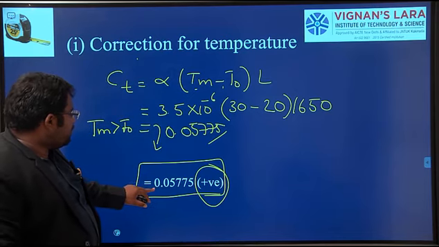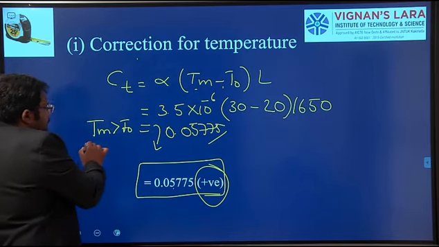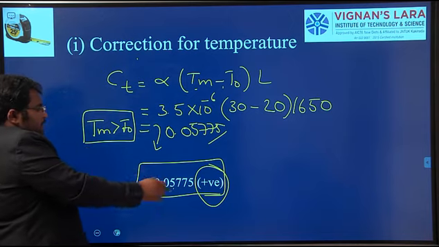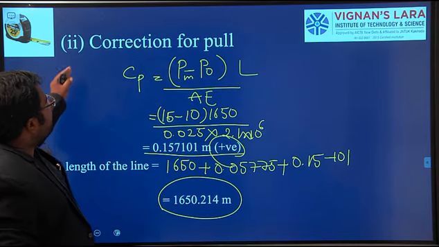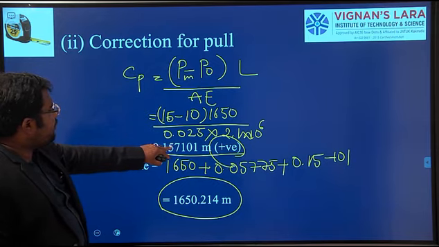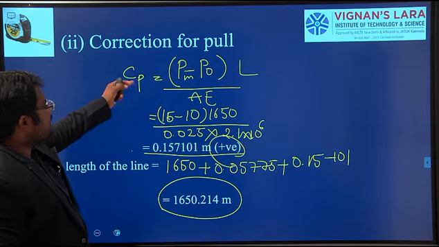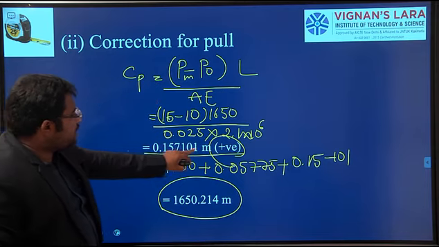Then we will get a value of 0.05775. Since Tm is greater than T naught, it is positive. Then for correction of pull, we calculated and arrived at a value of 0.157101 meter. Since Pm is greater than P naught, it is positive.